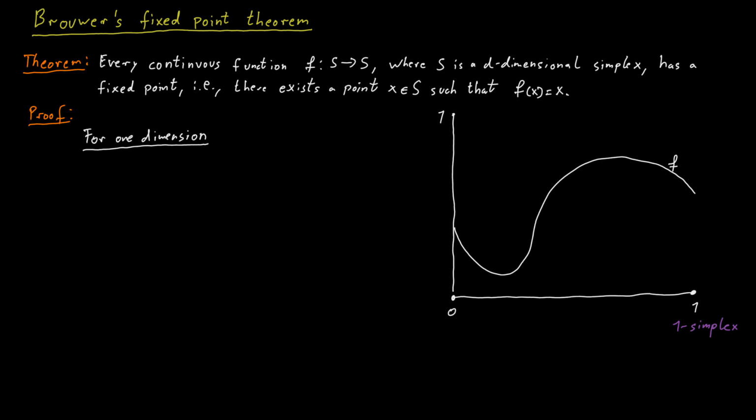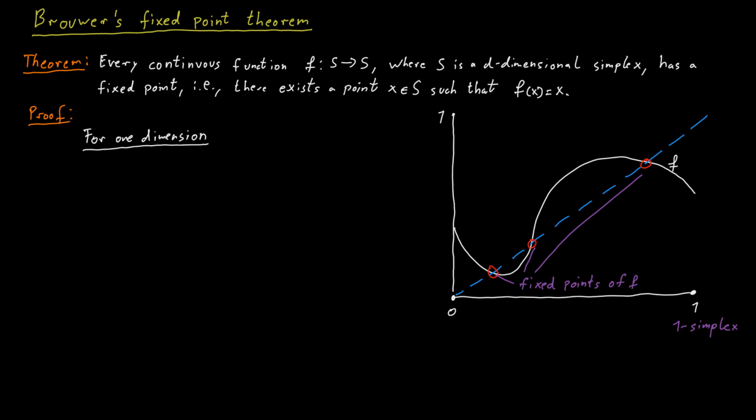Now, what will be interesting is to look at the diagonal in this graph. So we draw a line from the origin to the point 1, 1. And now what happens is that the points where the plot of the function f crosses that diagonal, those are exactly the fixed points of the function f.